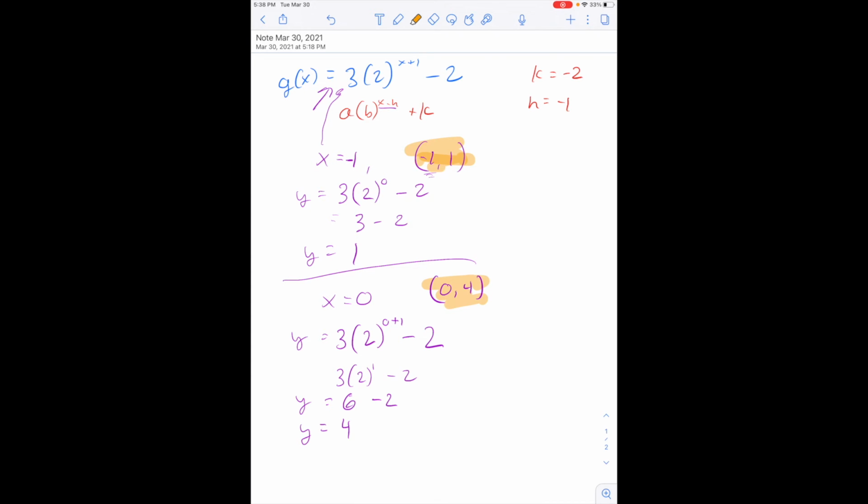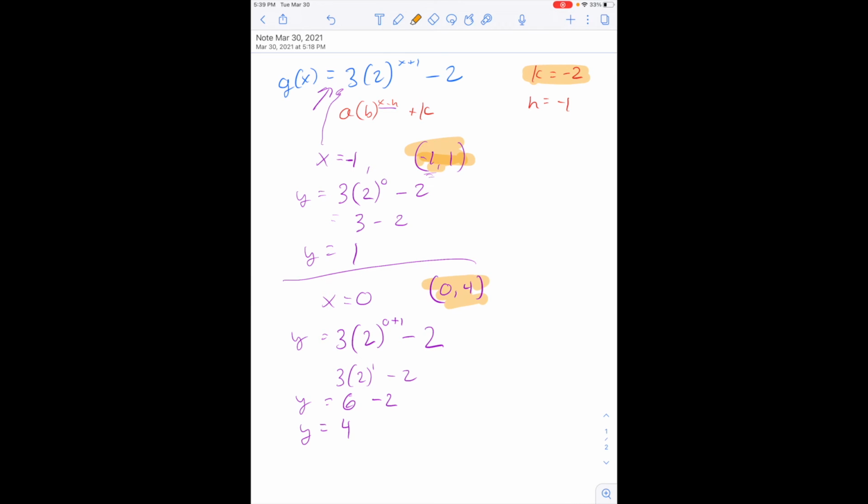Part B says identify the transformed value of the asymptote from that of the parent function. Your asymptote is always your k value. So you would just type in y equals -2 for that one. Then when you're graphing it, part C is a pick-your-multiple-choice thing.